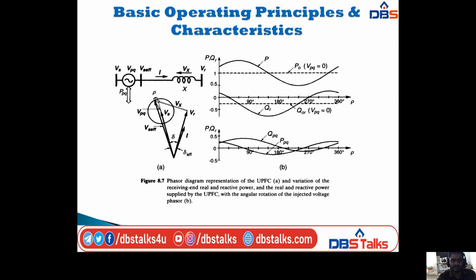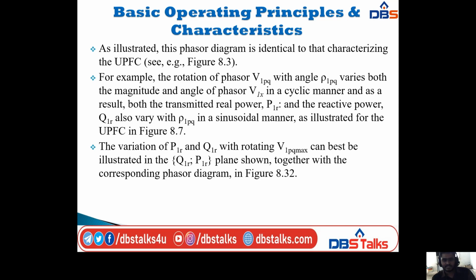Okay, P, Q versus VPQ and rho with P, Q angles, diagram we will take. So the variation of P1R and Q1R with rotating V1PQ maximum can best be illustrated in the Q1R, P1R plane shown together with the corresponding phasor diagram.